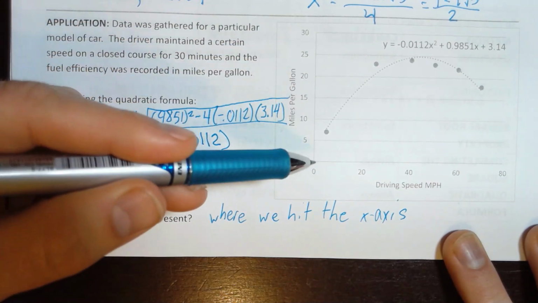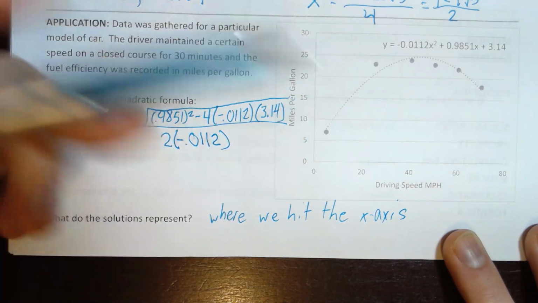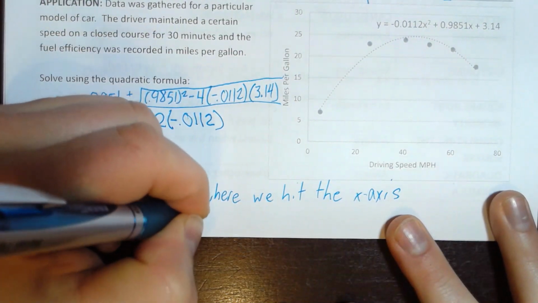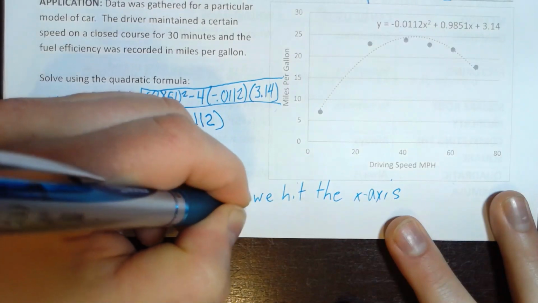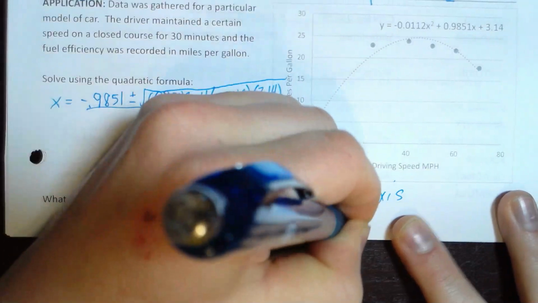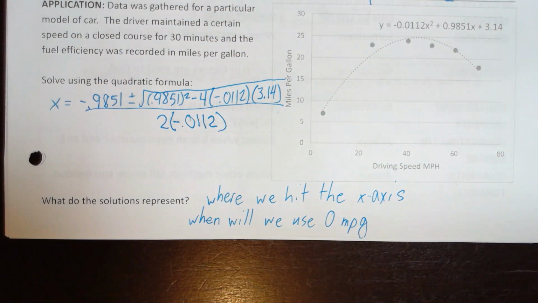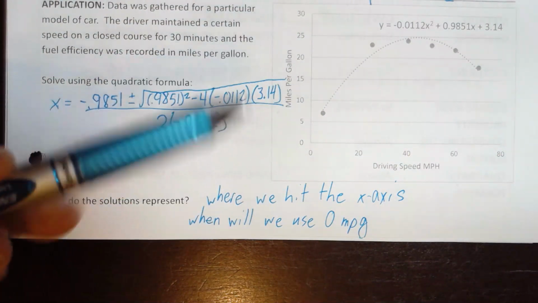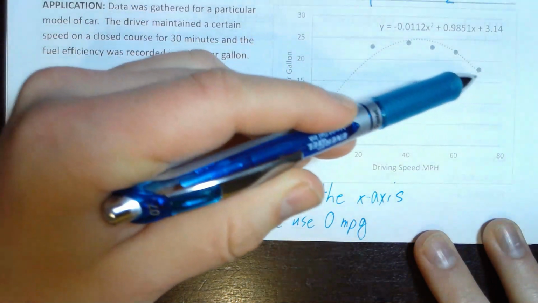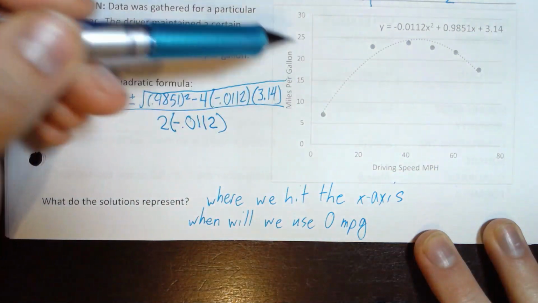When does my system, in this case, break down? What is my speed limit here? Let's write, when will we be doing 0 miles per gallon? Basically, it looks like we're going to be here at 0, 0, right? And then at some point, we just can't increase the speed anymore. We can't measure it anymore.